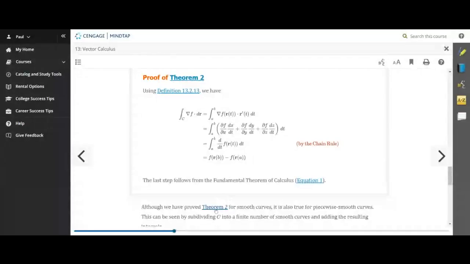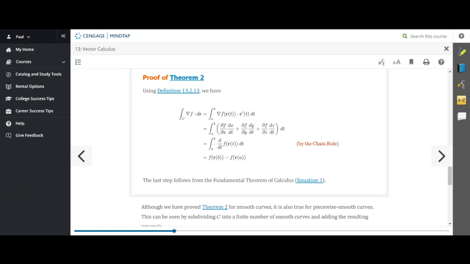Now, the proof should make total sense. So, what they do in the second step is the dot product of the gradient function and r prime of t would just be what you see in the integral on the second step. But then we recognize that that chain rule is just equal to the derivative of the function evaluated at r of t.